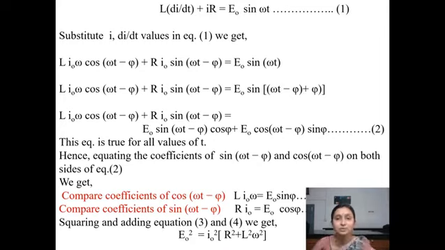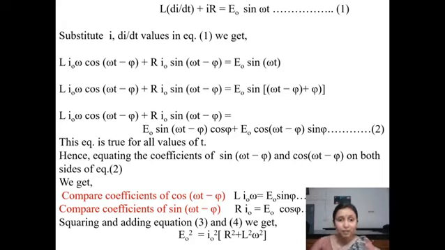Substitute these values in equation 1, that is L into di by dt plus IR is equal to E naught sin omega t. Substituting the values of di by dt and I, we get L I naught omega cos omega t minus phi plus R I naught sin omega t minus phi is equal to E naught sin omega t.